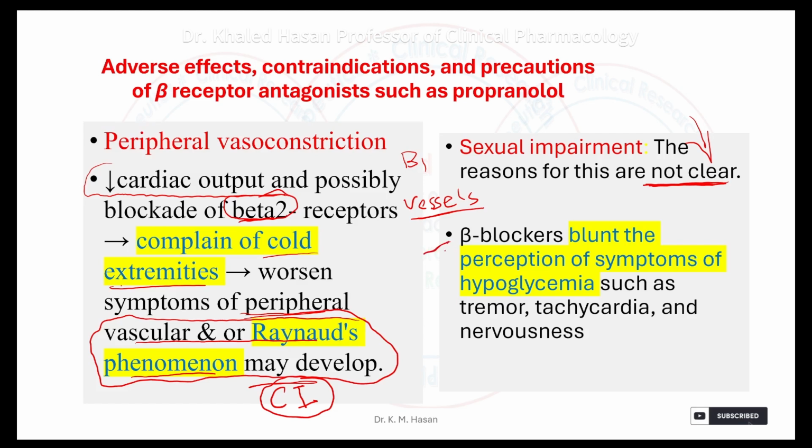Important issue here, we already discussed it: beta blockers mask the symptoms of hypoglycemia, and the patient may suffer from coma and death due to the masking of hypoglycemia symptoms.